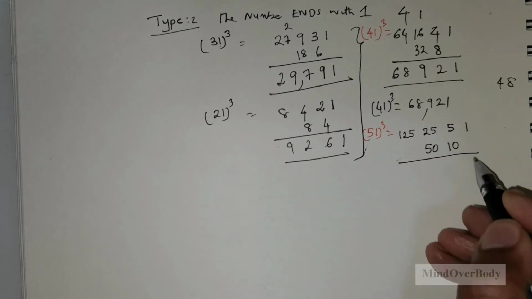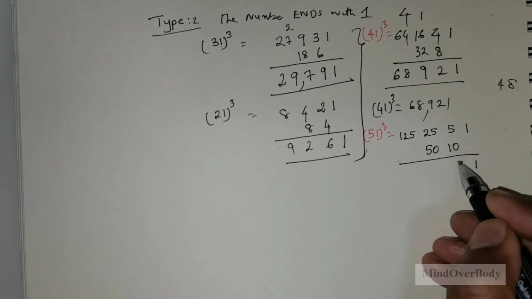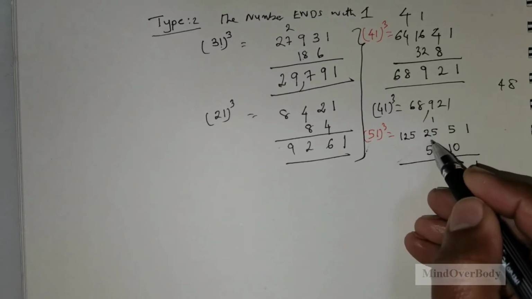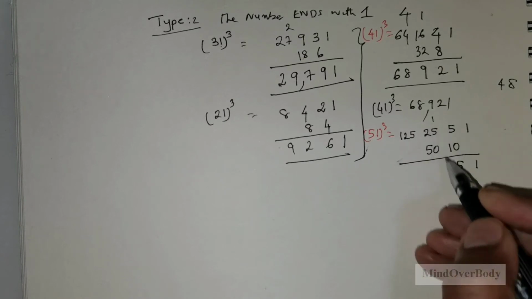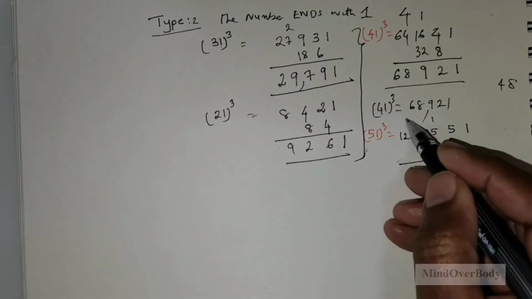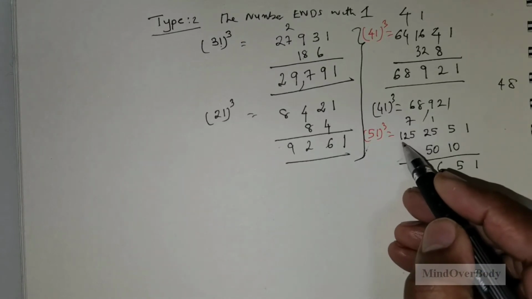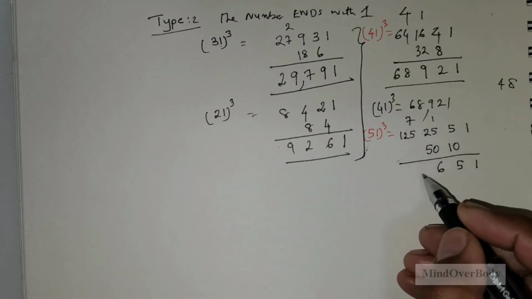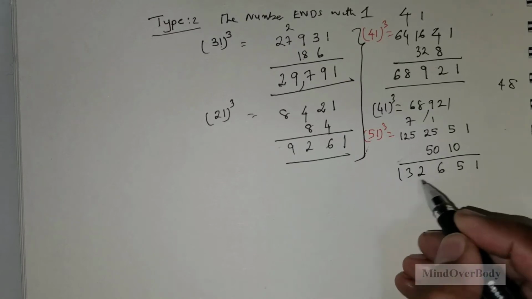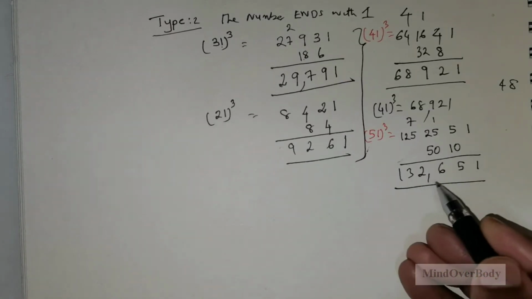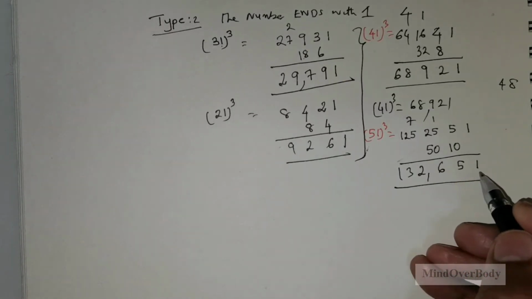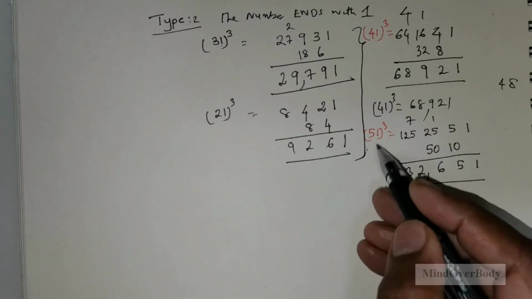Now you add 1, 5 with 10 will give you 15, carry 1, 25, 50, 75, add 1, 76, 6, carry 7. Now if you add the number 125 with 7, that's going to be 132. So your quantity is going to be 132651. So that's going to be the cubic value of 51.